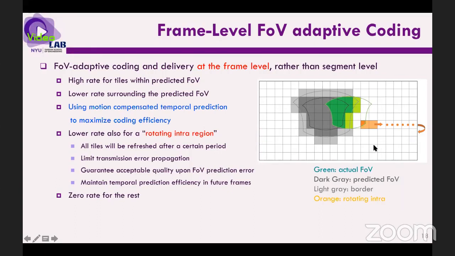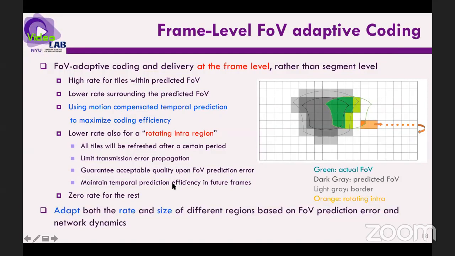Such periodic intra-refreshment will limit transmission error propagation as in conventional 2D video streaming, but it will also guarantee acceptable quality upon FOV prediction errors as illustrated here. And it helps to maintain temporal prediction efficiency in future frames. For example, these regions are not coded, but may be used for temporal prediction in the future. And we assign 0 rates for the rest.